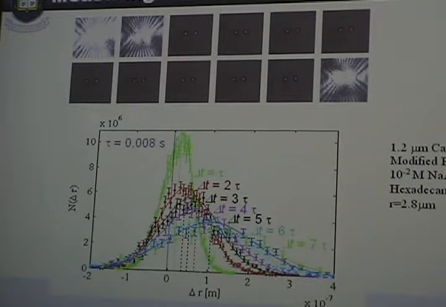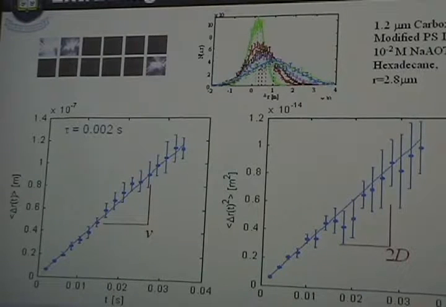Okay. Since these distributions are Gaussian, we can fit them with only two free parameters, the center of the Gaussian and the width of the Gaussian. We plot those things up as a function of time, and lo and behold, we have what we want. We get our average drift velocity, which is just the slope of the center of the distribution as a function of time.